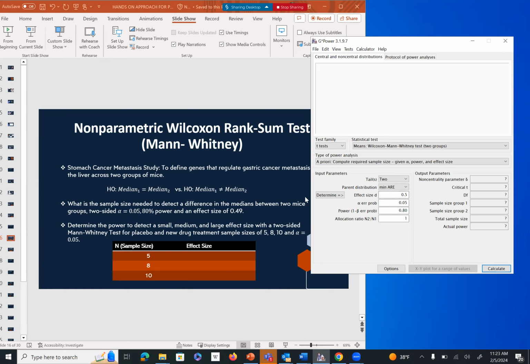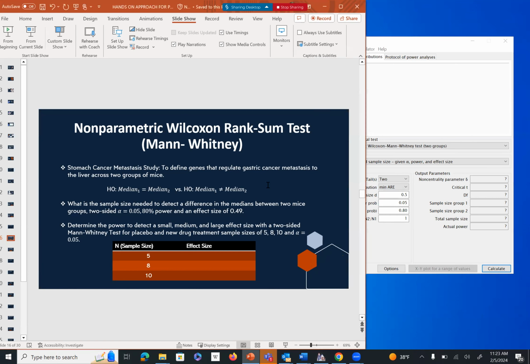So that's that information. So let's say, for example, we have a stomach cancer study, and the hypothesis is to define genes that regulate gastric cancer metastasis to the liver across the two groups of mice. So we're pretty much interested in seeing whether there was a difference between the median, let's just say hypothetically, gene regulation, difference between the two groups.